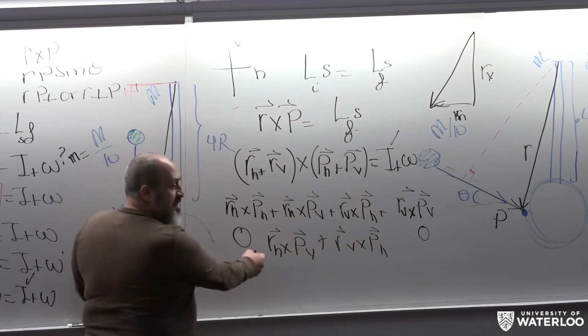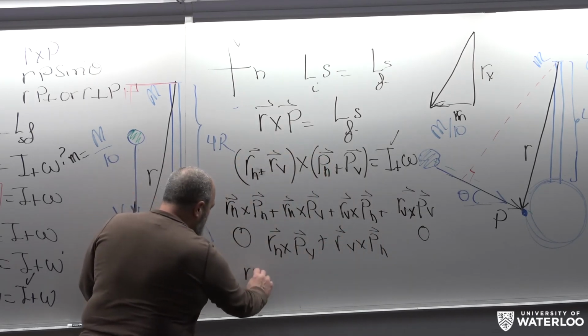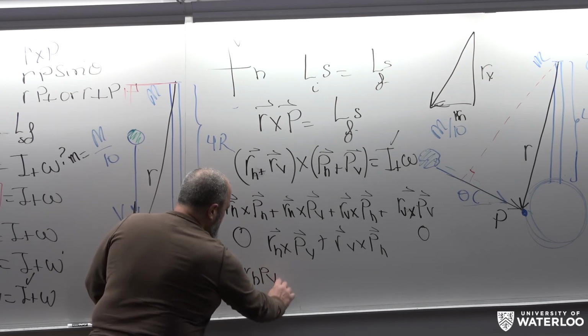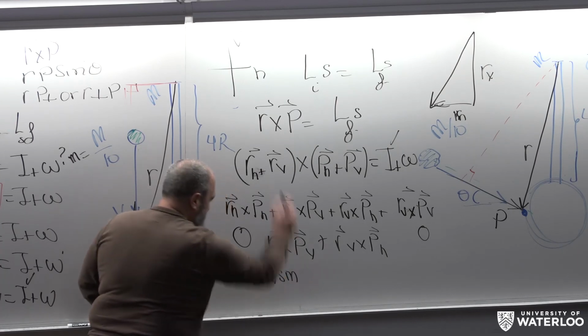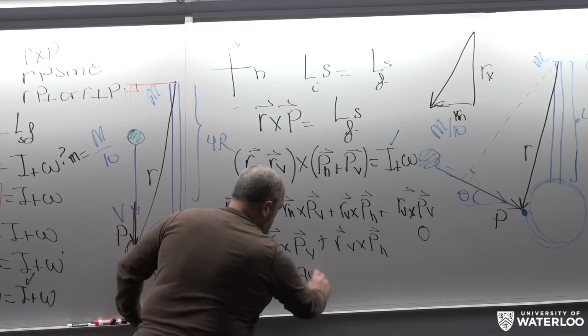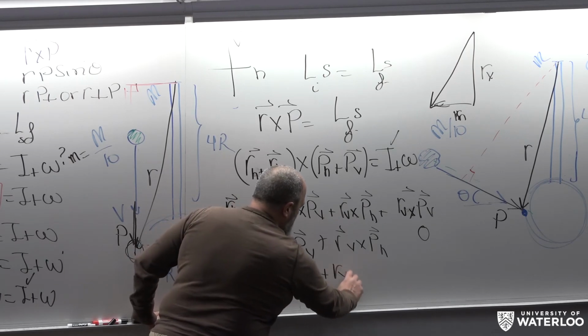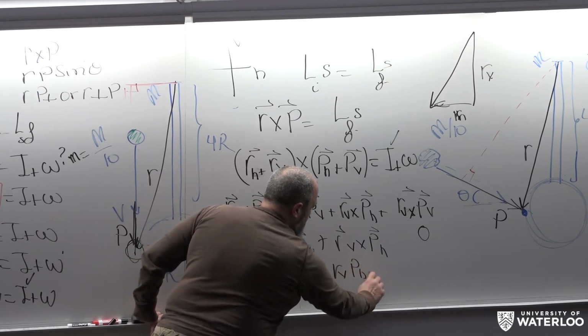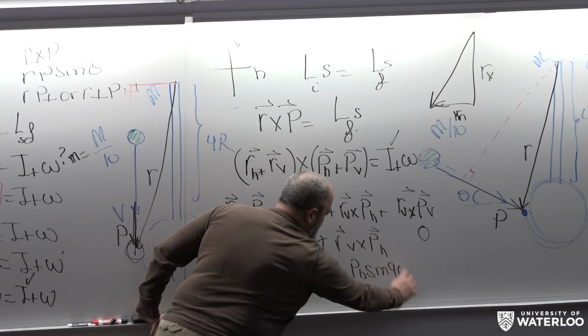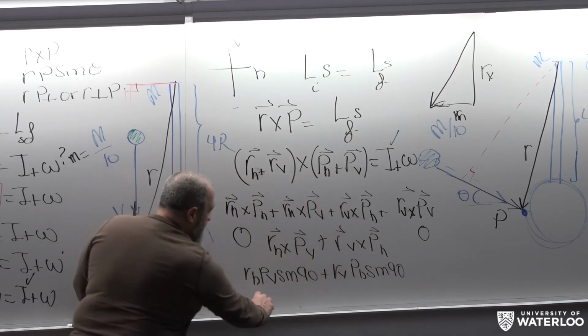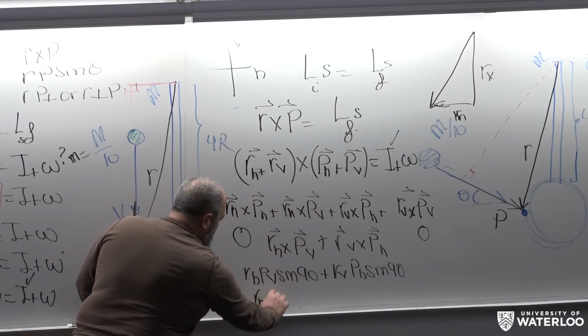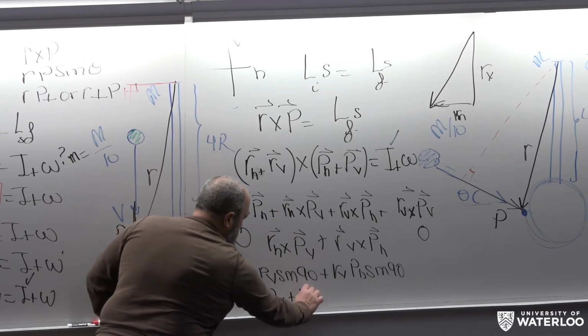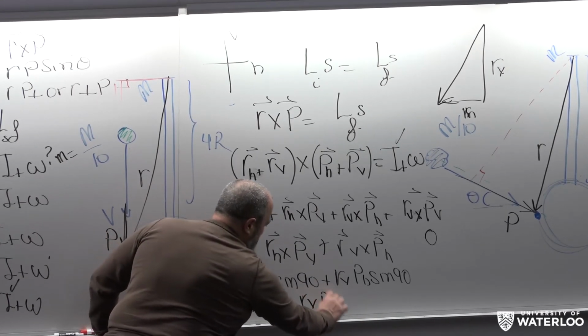And what is that? That is R horizontal, P vertical, sine of the angle. What is the angle between these? 90. Right? Plus R vertical, P horizontal, sine 90. That's 1. So that becomes R horizontal P vertical plus R vertical P horizontal.